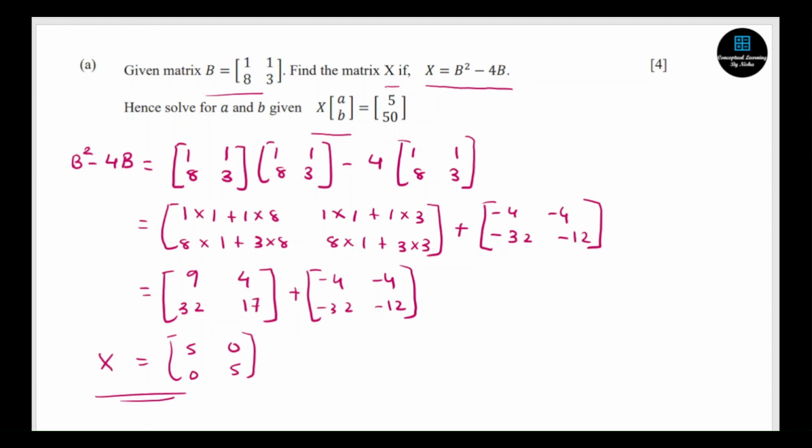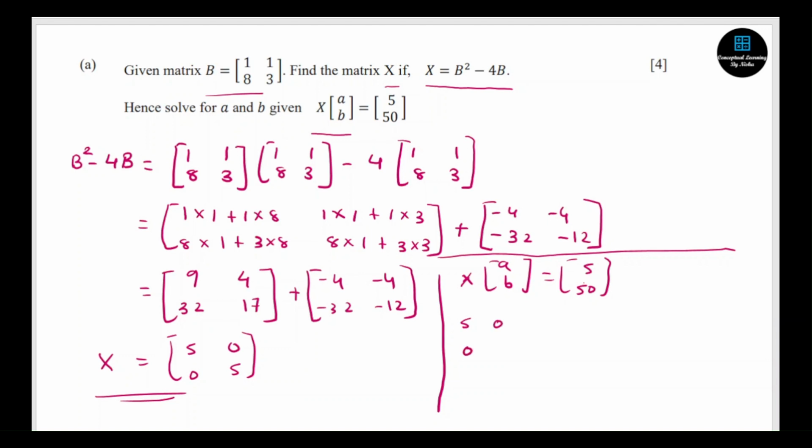Alright. Now what I have to do, I have to multiply this X into [a b], which equals [5 50]. Now X is nothing but [5 0; 0 5] times [a b]. This gives me [5 50].